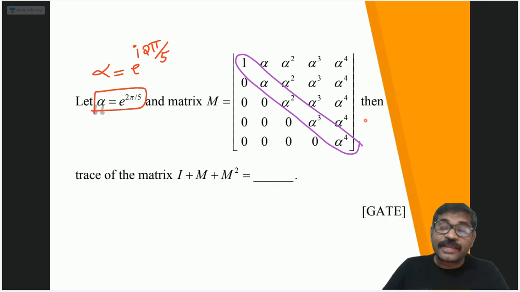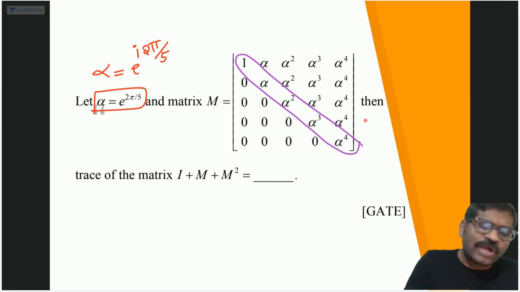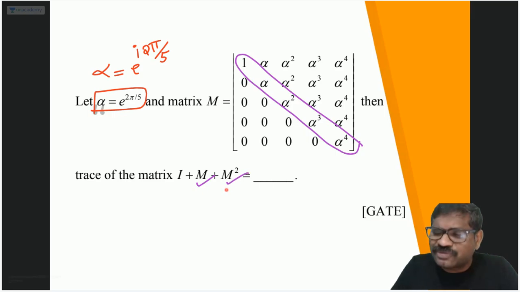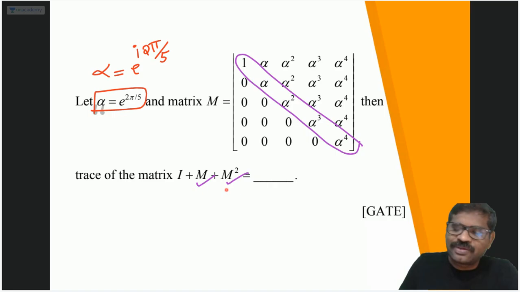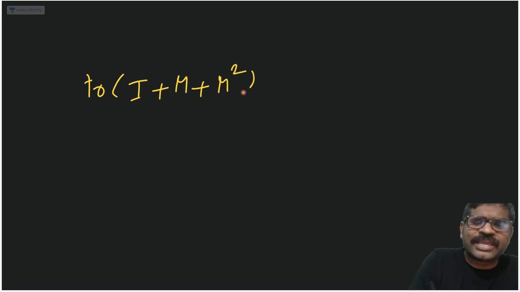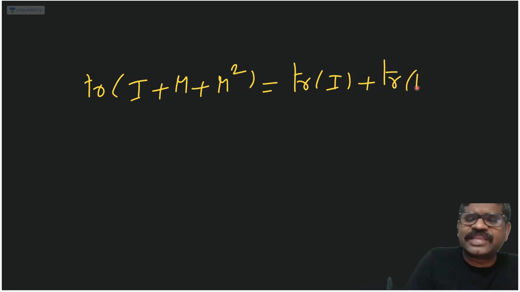Okay. Now, we know eigenvalues of M. We can calculate eigenvalues of M square. Sir, why are you calculating eigenvalues of M square? What is the purpose? Our job is to calculate trace of I plus M square. Trace of I plus M square is nothing but trace of I plus trace of M plus trace of M square.